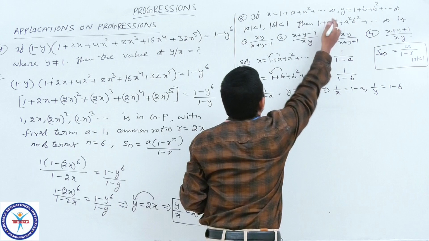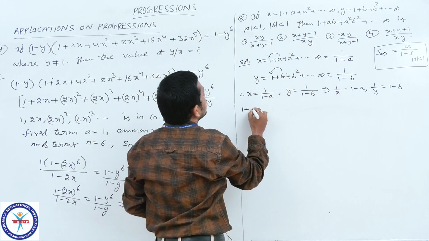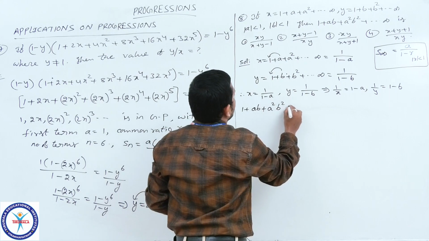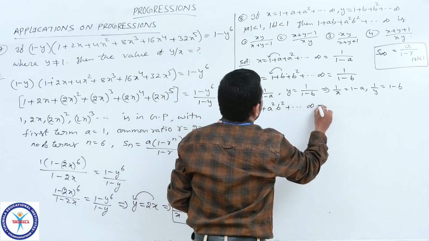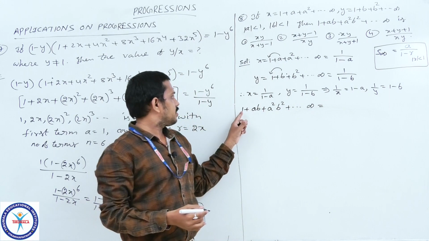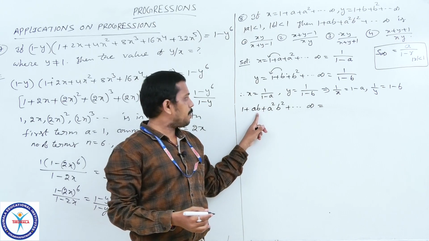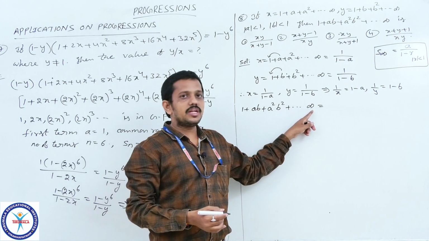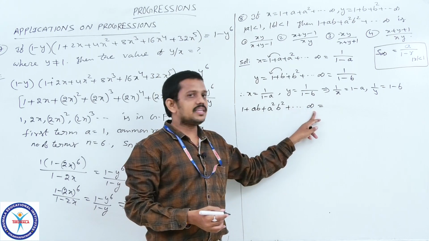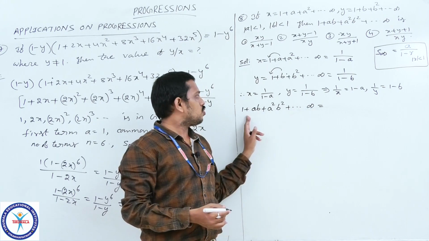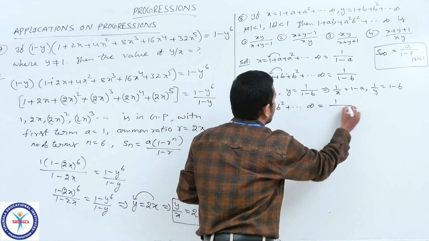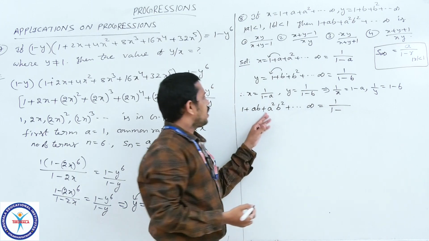Now consider this value 1 plus ab plus a square b square plus and so on infinity. This is again 1 plus ab plus, this is nothing but ab whole square plus and so on infinity. Clearly this series is in geometric progression whose sum to infinity is a by 1 minus r, here first term 1 by 1 minus r.